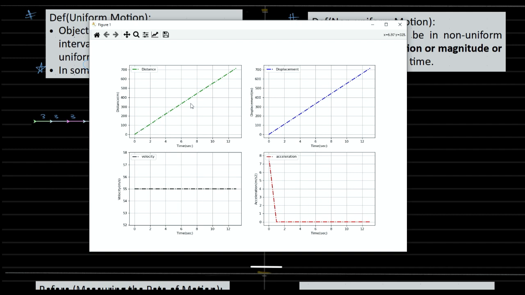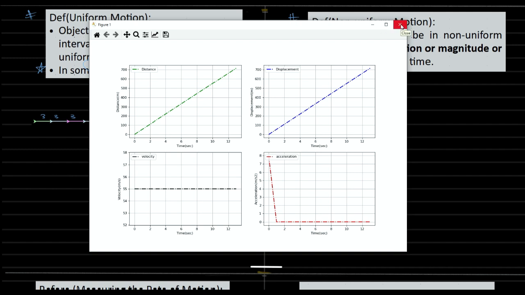So you can clearly see there is a consistent increase in distance with respect to time. So this is your uniform motion. And displacement is also the same, because we're not changing direction. Things are moving in a straight way and with a constant speed.